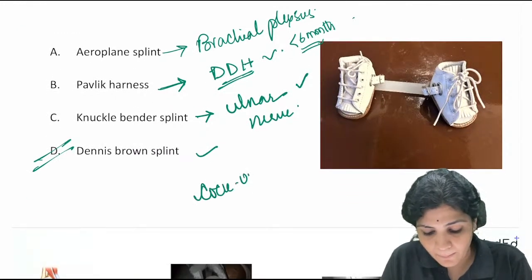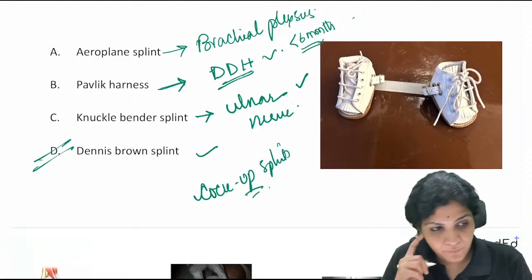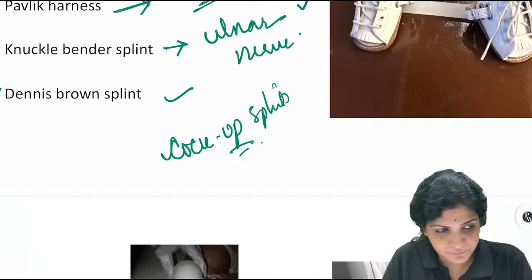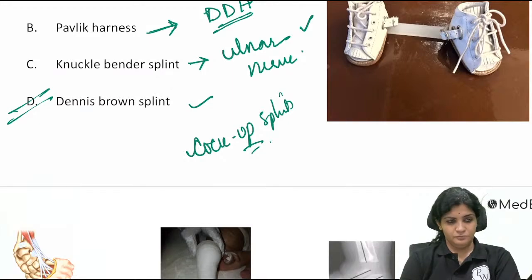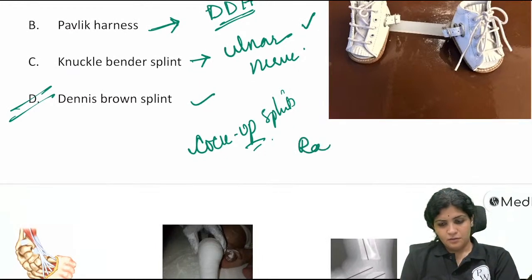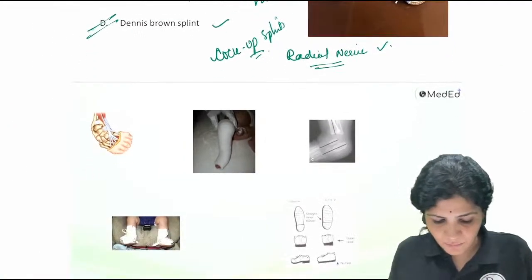Then cock-up splint is for your, yes, radial nerve. Good. Okay, now let us learn a little bit about CTEV.